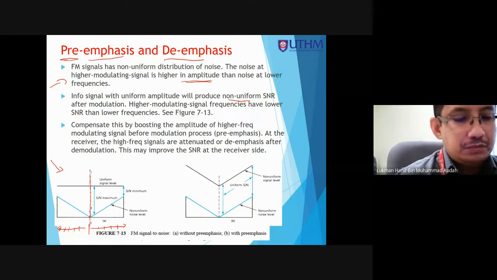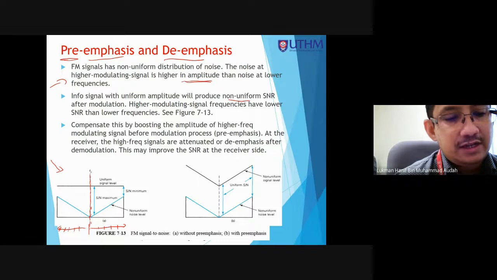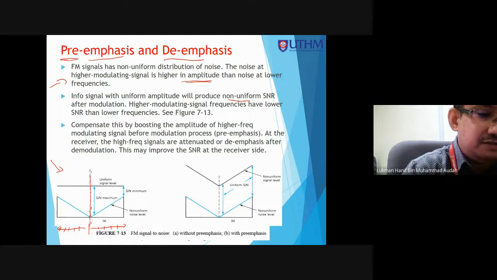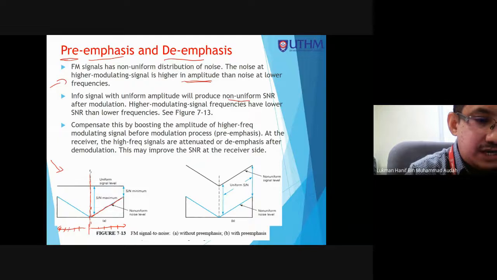Dikatakan di sini bahawa lagi besar nilai modulating signal, contohnya sampai FC plus 5 FM, bermakna lagi besar nilai FM, dia akan oscillate jauh daripada FC. Lagi besar nilai noise level.